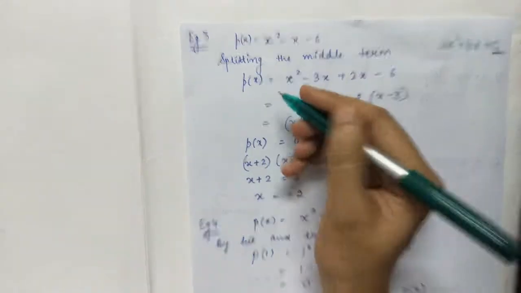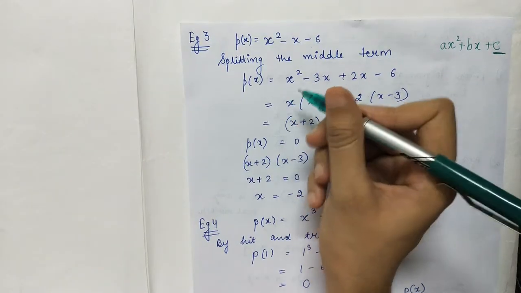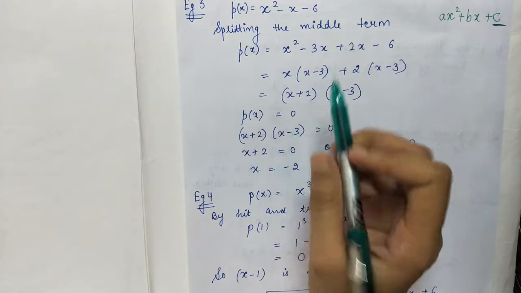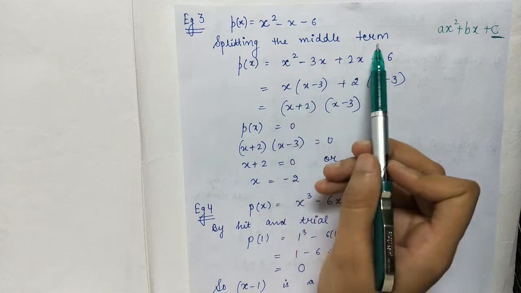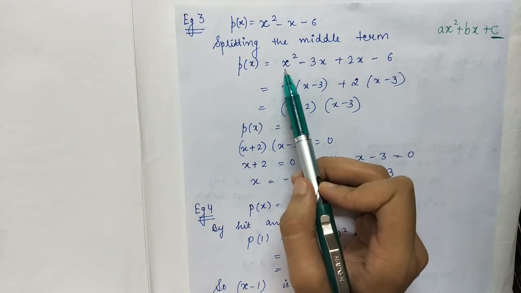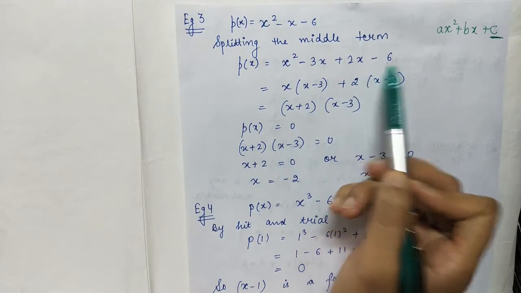We'll take another example. For a quadratic equation, by splitting the middle term, we can find the zeros of that quadratic equation. So using the splitting the middle term method, x square minus 3x plus 2x minus 6 equal to 0.